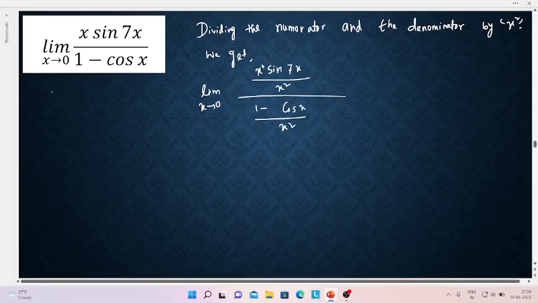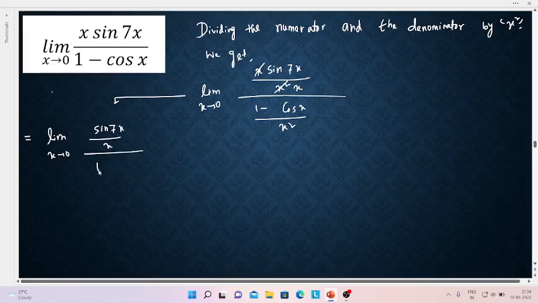So here you can see that x and x square will cancel out, and we have only x. So that will become limit x tending to 0. Let me write this on the left side, because then we will have more space. So that is nothing but equals to limit x tending to 0 of sine 7x upon x, and in the denominator we have 1 minus cos x upon x square, right?